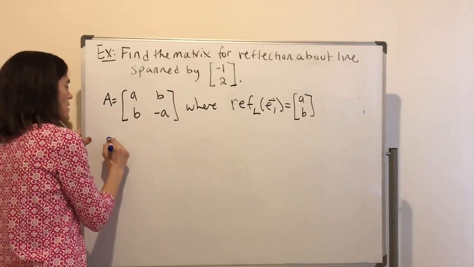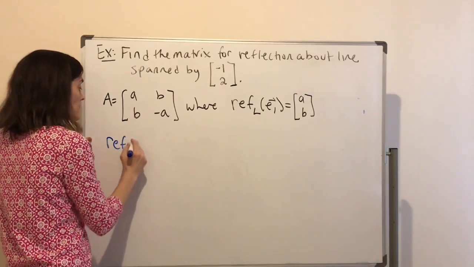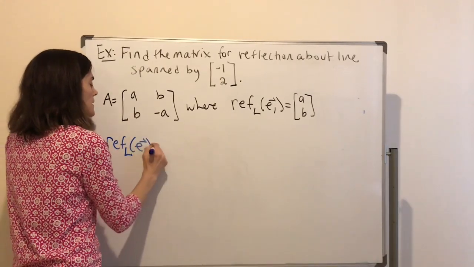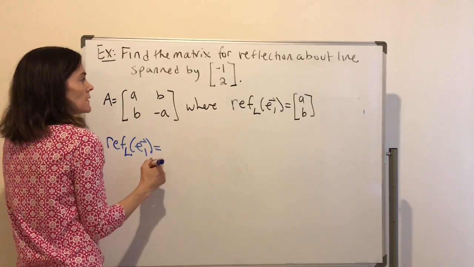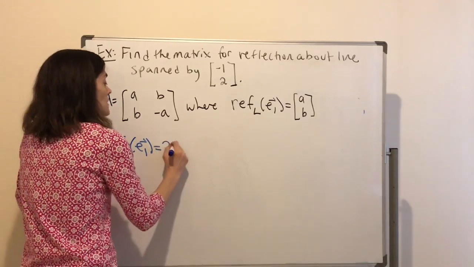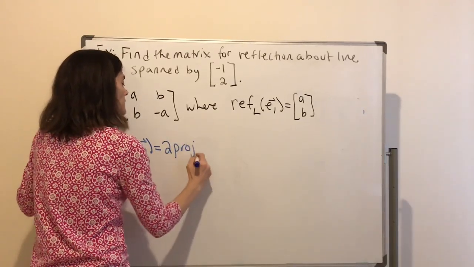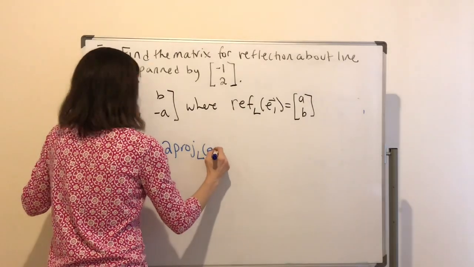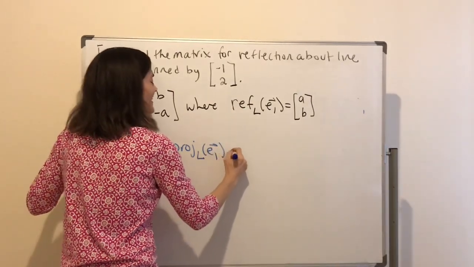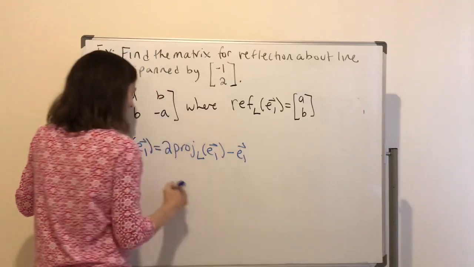So the reflection about L of E1 is 2 times the projection of E1 onto L, minus E1.